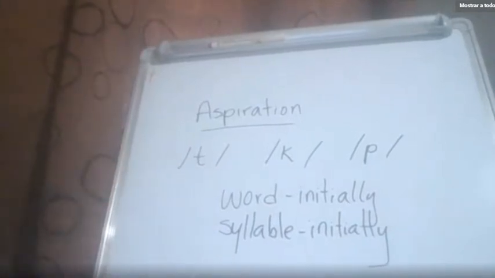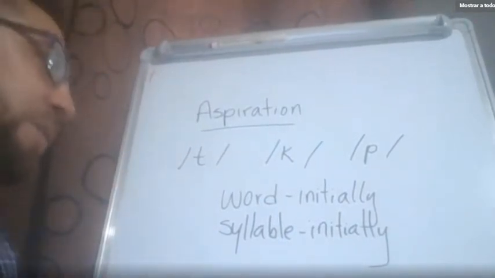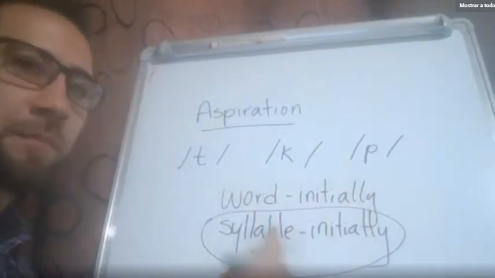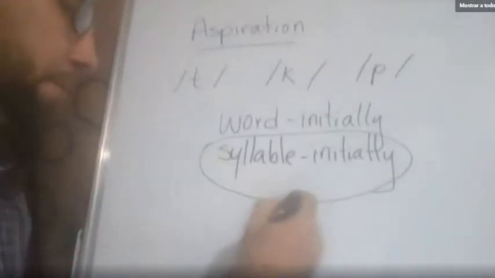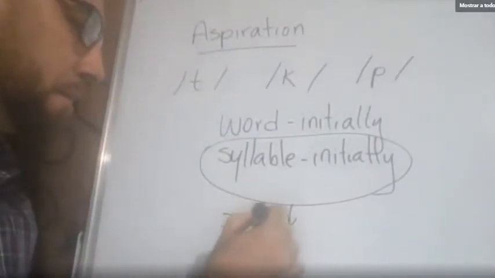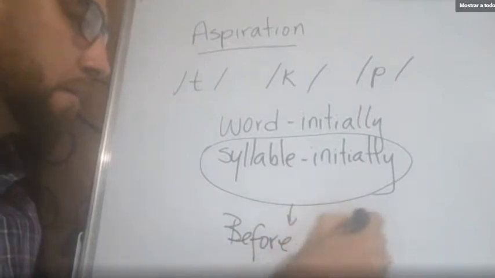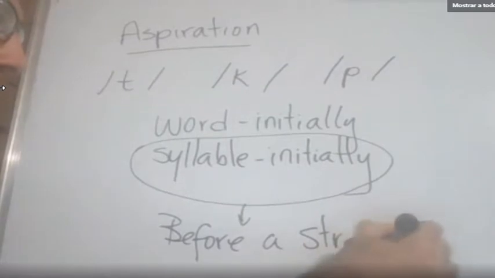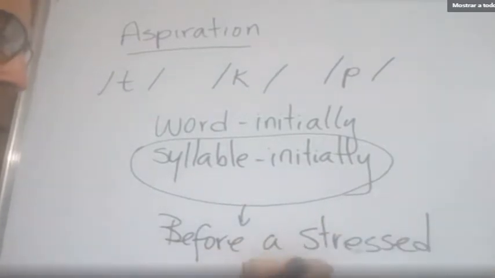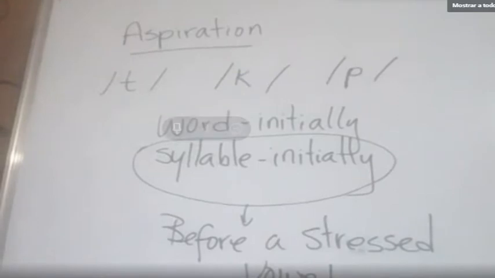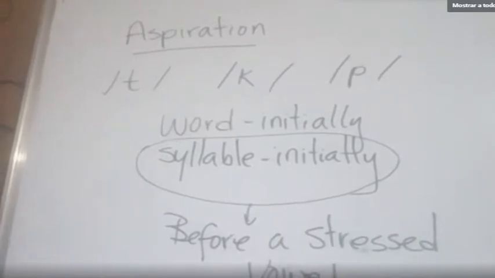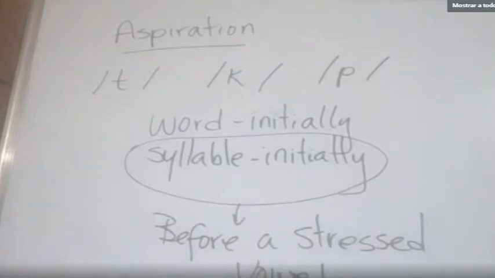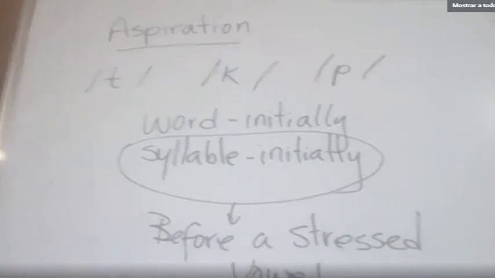However, if it is syllable initially, it has to be before a stressed vowel. If it is not a stressed vowel, then you're not going to aspirate the consonant sound. Okay?